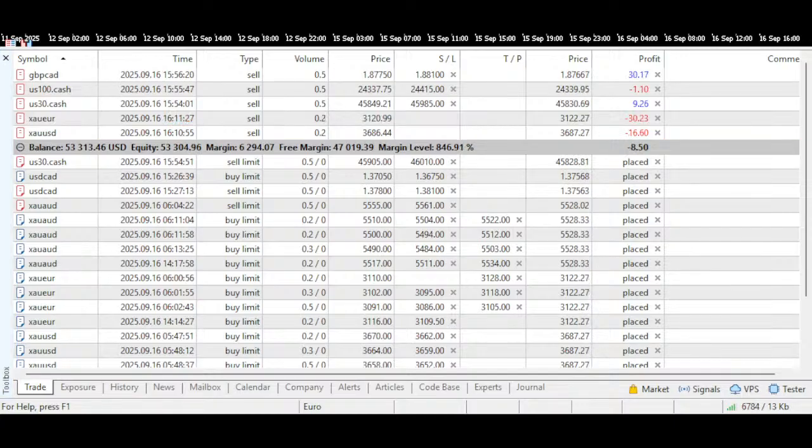Okay, 34.5 is very far. Wait, sorry, I think I'm getting a mix. I'm looking at gold Aussie and looking at this figure. Okay, sorry.